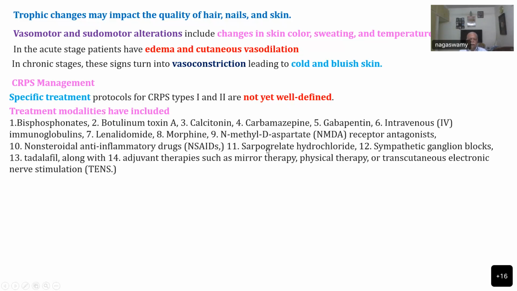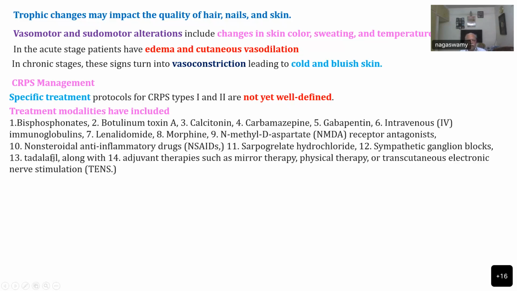This drug has been found to be useful in reducing the vascular changes and acting against the endothelial growth factor. And of course, you can give sympathetic blocks, stellate ganglion for the upper limb and lumbar sympathetic block for the lower limb.